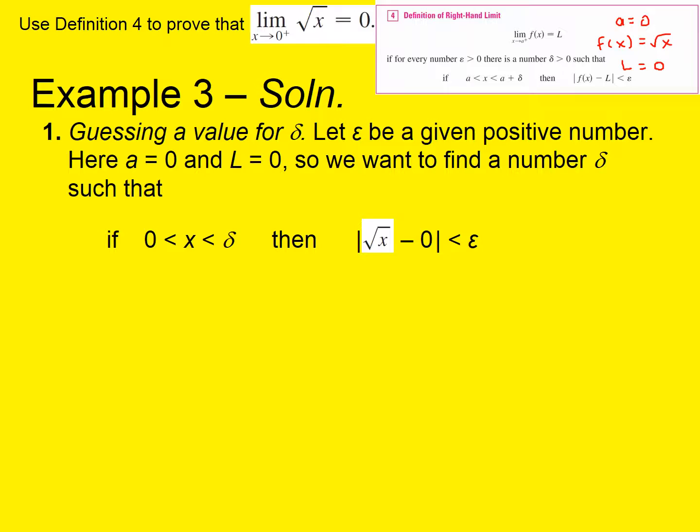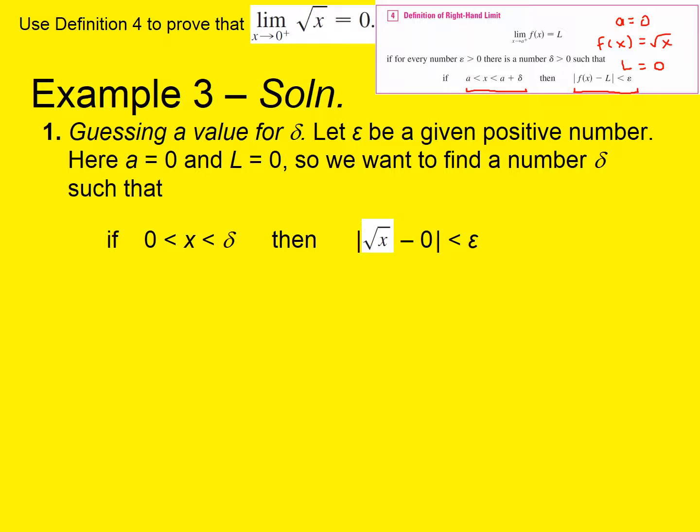So we want to find a number delta such that, according to the definition, if x is between 0 and delta, now that is what this says here because a is 0, then the absolute value of square root of x minus 0 is less than epsilon.